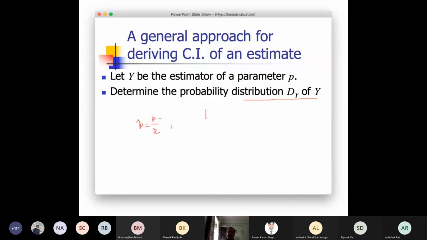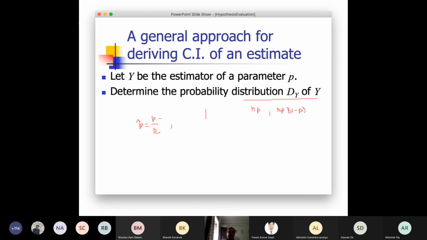So this probability distribution in our context is a binomial distribution with expectation n into p and variance n into p into 1 minus p. We have discussed this below. If you remember that, these things will be clear.